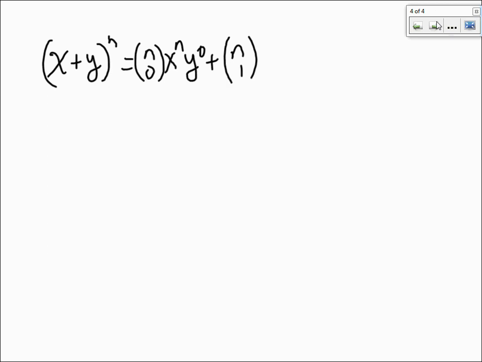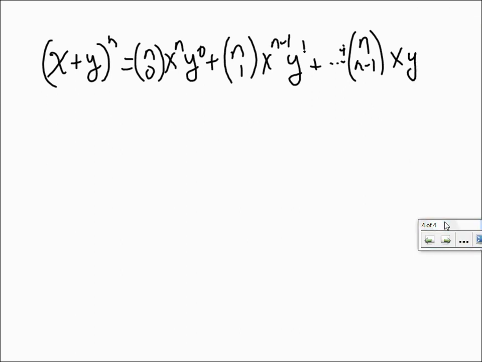Why is x plus y to the n equal to n choose 0, x to the n, y to the 0, plus n choose 1, x to the n minus 1, y to the 1, plus all the way down to n choose n minus 1, x y to the n minus 1, then finally n choose n, and you'll just have y to the n?